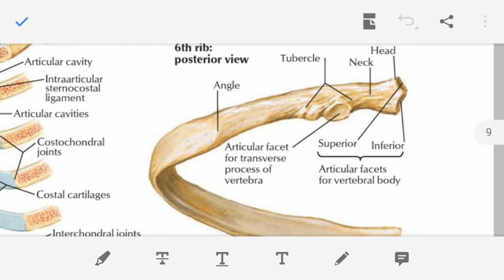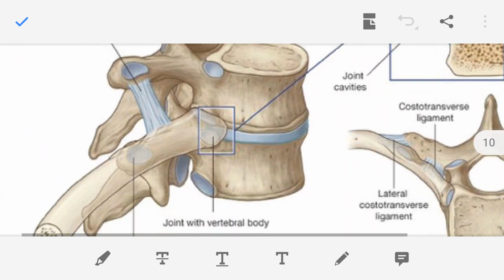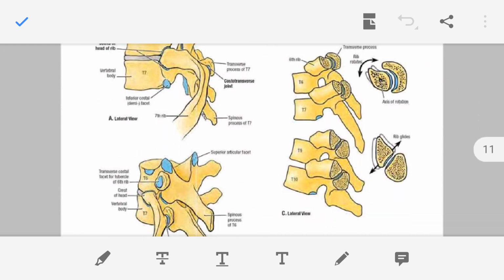Now how does this articular facet of the tubercle join the transverse process? That is the question.